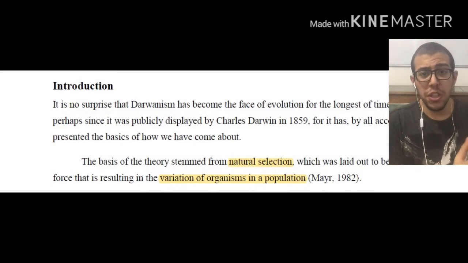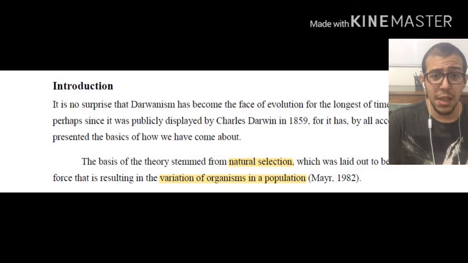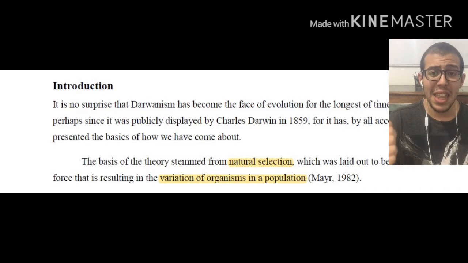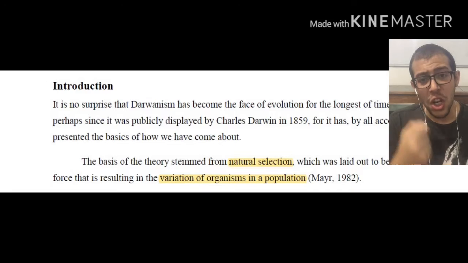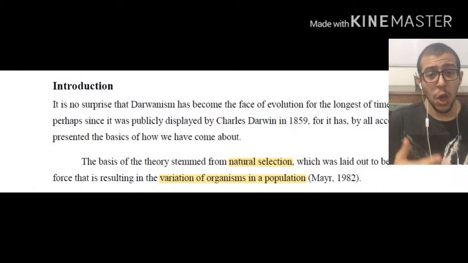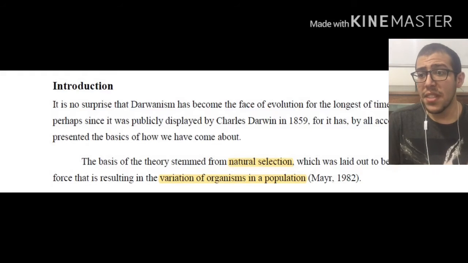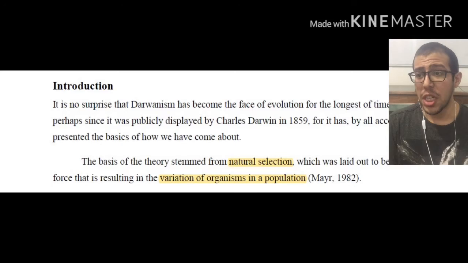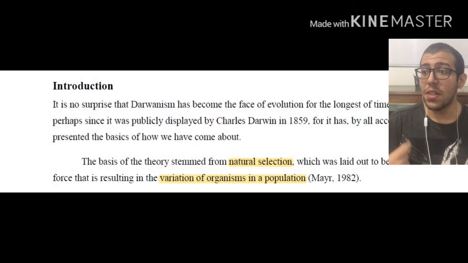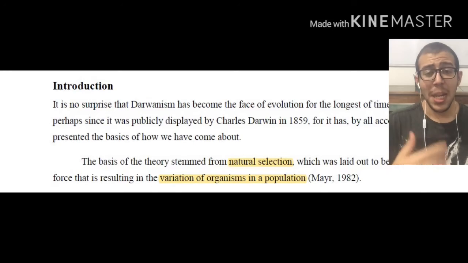Whenever we see his picture, we associate him with this brilliant theory, and by all means I think this theory did actually stamp a very major concept in a biologist's mind with regards to evolutionary biology. Since it was publicly displayed by Charles Darwin in 1859 upon publishing his paper, The Origin of Species, the basis of the theory stemmed from natural selection, which was laid out to be the force resulting in the variation of organisms in a population.